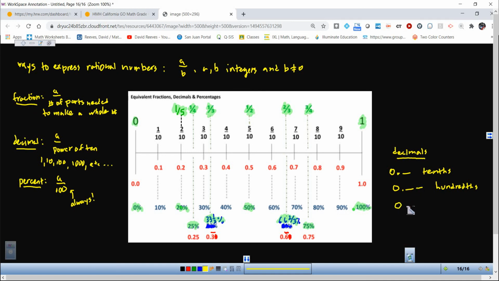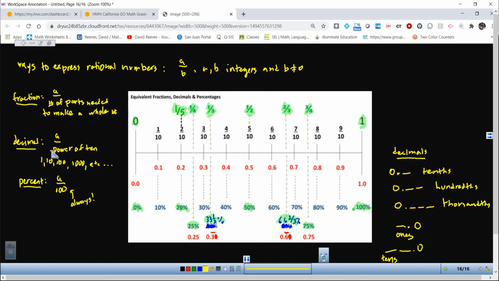We're going to be using that a lot because that's what percent is. 3 places would be thousandths, etc. All right, and this one right here, that's the ones place, right? And then if we did it over here, that would be the tens place, and so on.